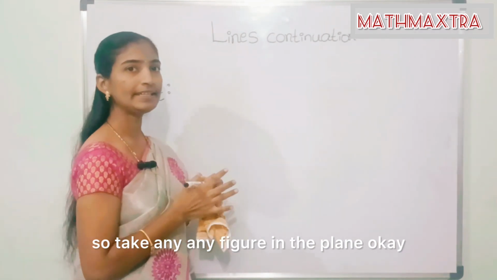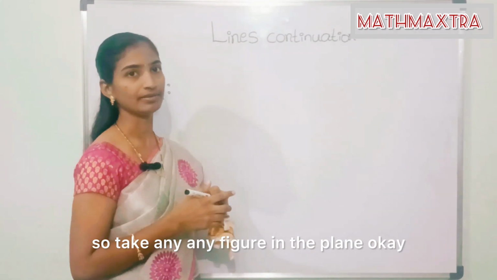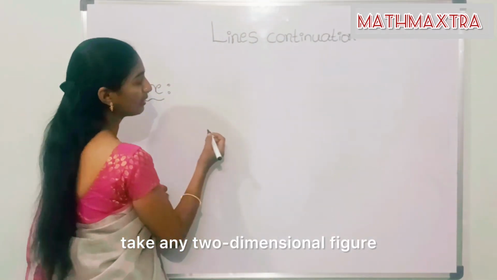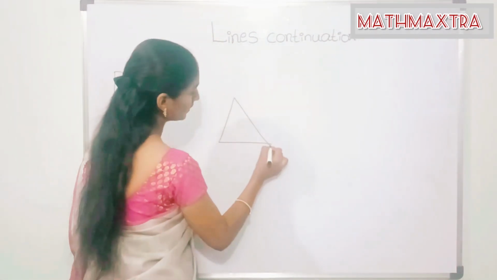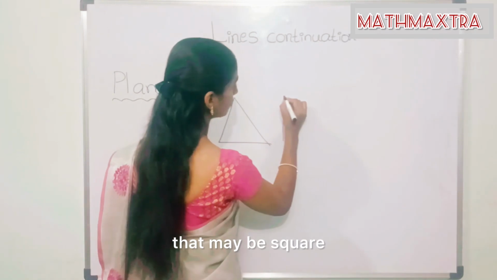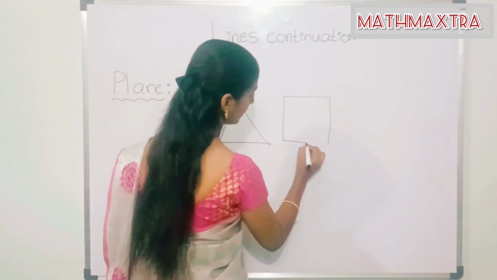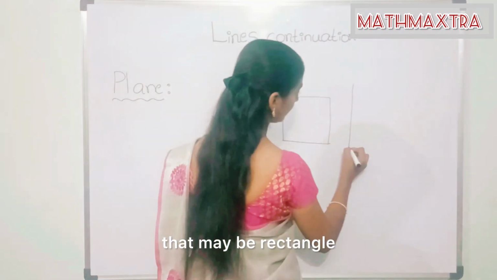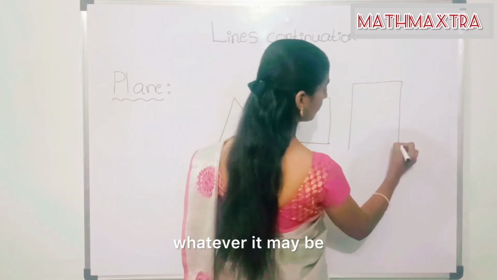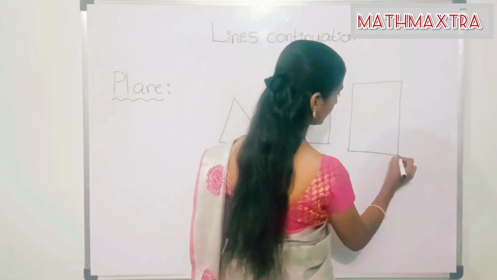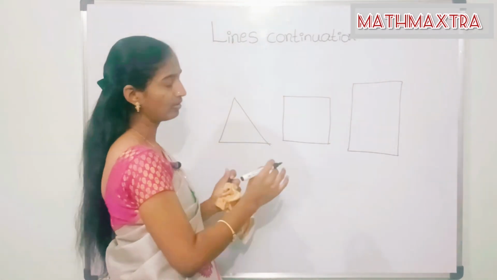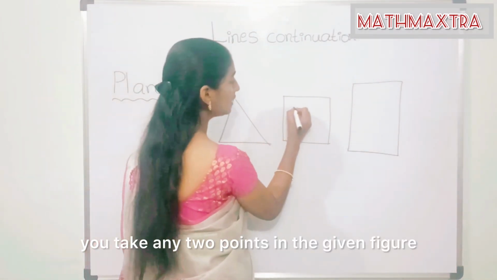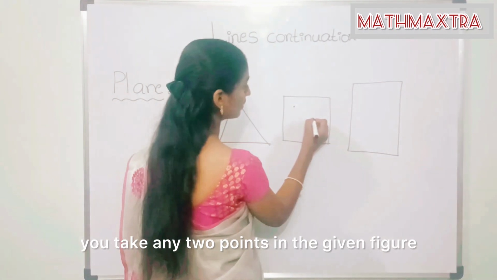So take any figure in the plane. Take any two-dimensional figure. That may be a triangle, that may be a square, that may be a rectangle, whatever it may be. In order to say this is a plane, you take any 2 points in the given figure.